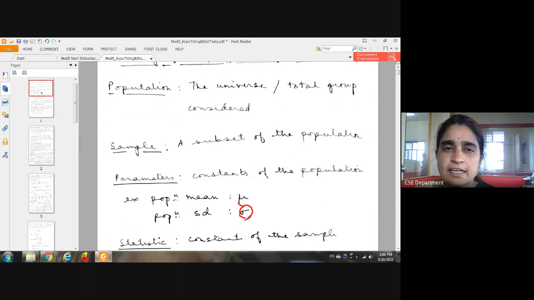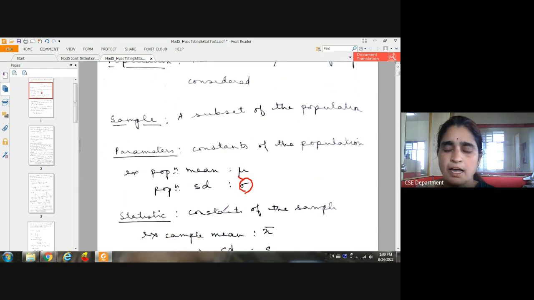Then standard deviation is more. Okay, just need this concept. For this exam, we don't need the details. This is what standard deviation means. So mu and sigma of the population are the population mean and standard deviation, denoted by sigma.